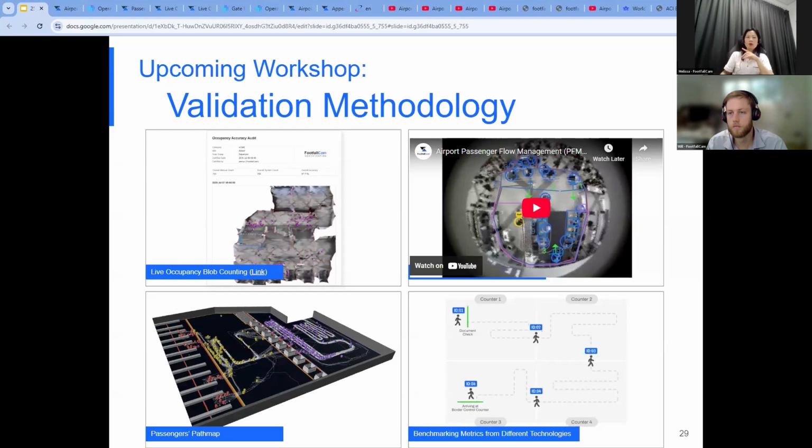For example, the live occupancy counts are validated using an end-to-end review process where a stitched together video of people entering and leaving a zone is manually human reviewed as a ground truth reference. And the occupancy count displayed in the system is then compared to this visual ground truth.